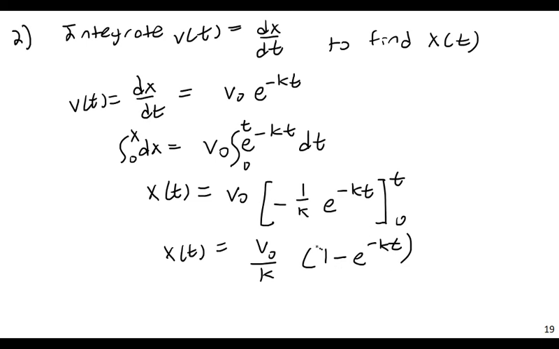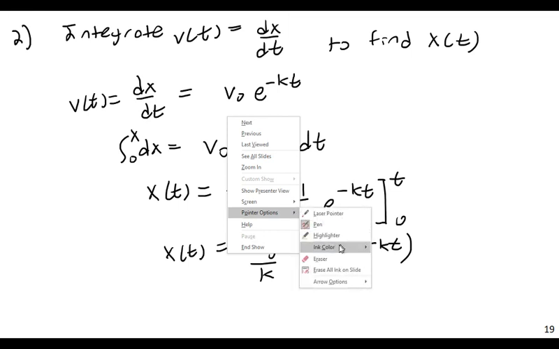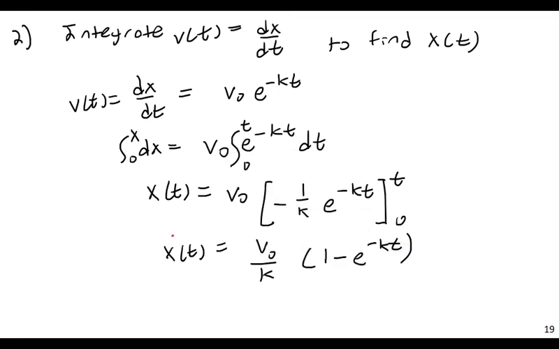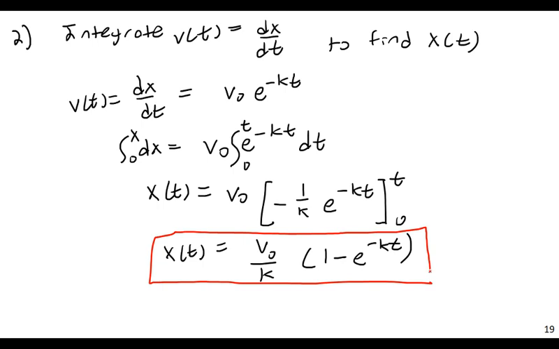All right, so there's that, and so this would be our final result here. All right, any questions on that? So again, I integrate it, I get this form, and then I need to take it from the bounds of 0 to t, and that's what produces my 1 minus e to the negative kt.